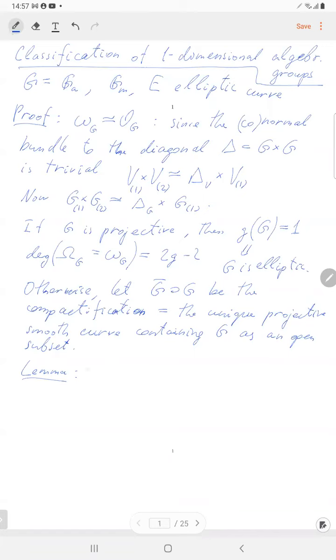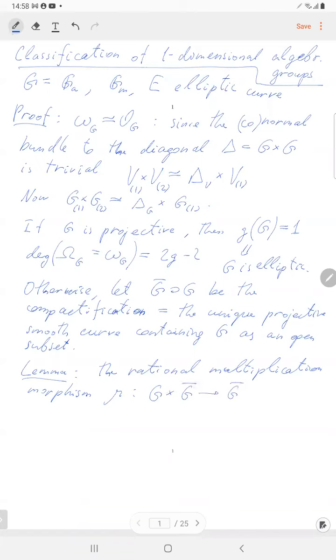Well, sorry, a rational morphism, say mu from G times G bar to G bar.